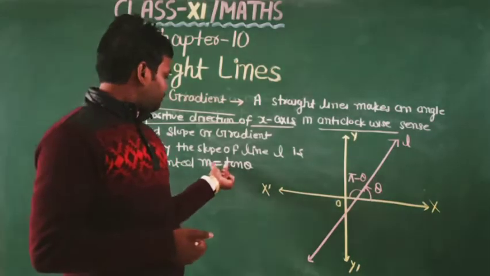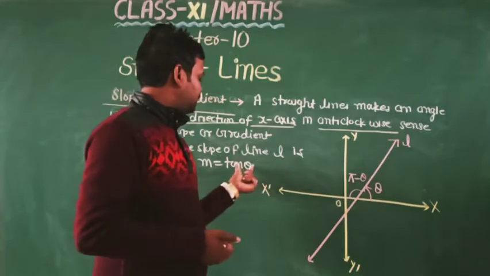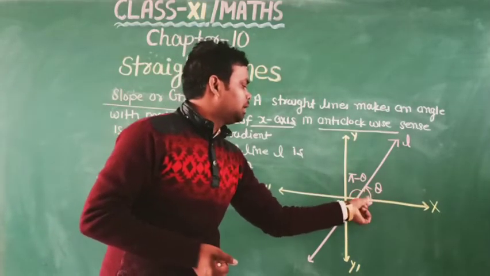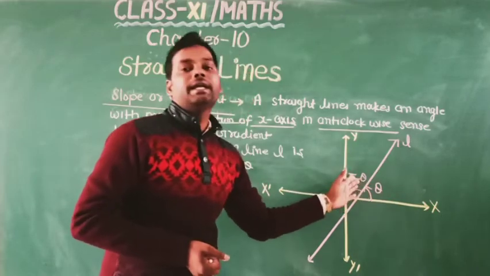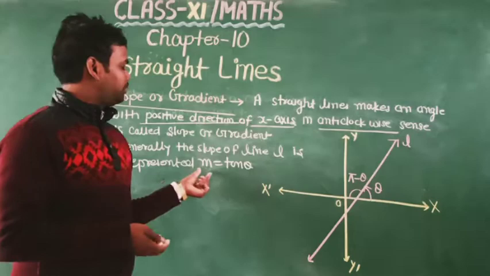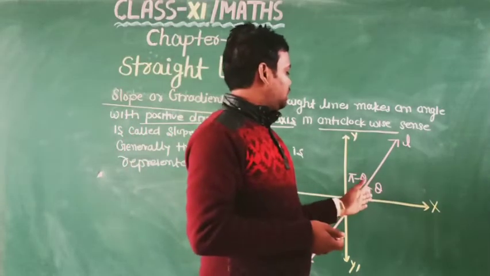Tan is a trigonometric ratio, and theta is the angle between the positive direction of the x-axis and the line. So the slope of a straight line is denoted by m equal to tan theta.